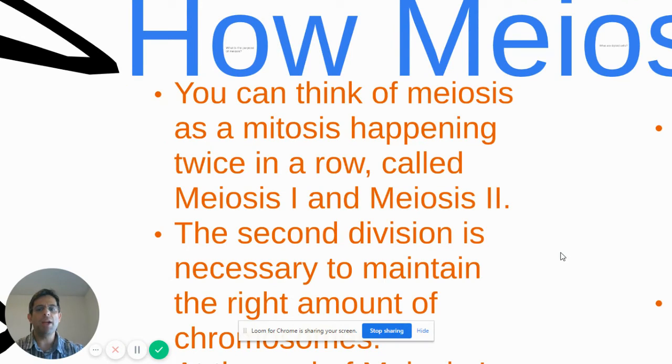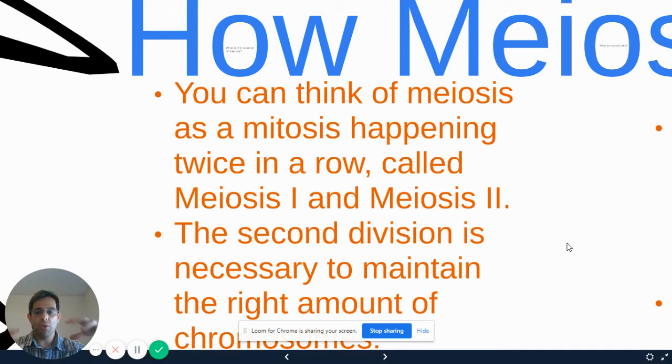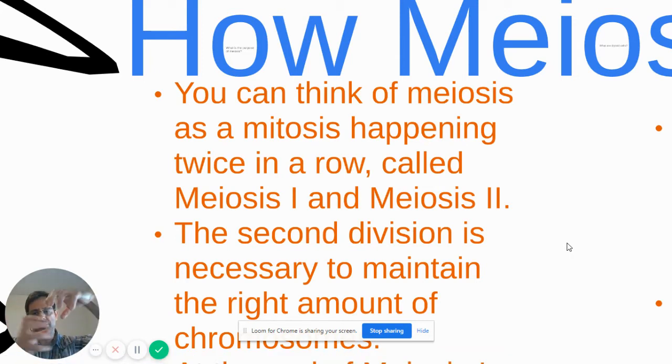Well, you can think of meiosis as a mitosis happening twice in a row, called meiosis 1 and then meiosis 2. The second division is necessary to maintain the right amount of chromosomes. So in the meiosis process, you have to divide the chromosomes to each side of the cell that's created.